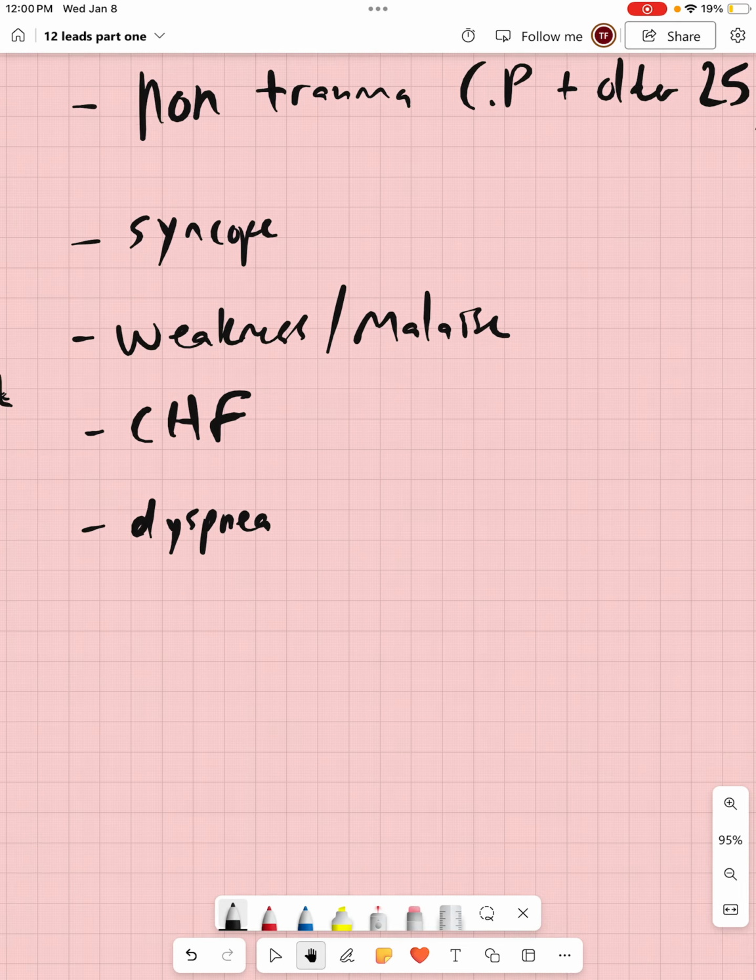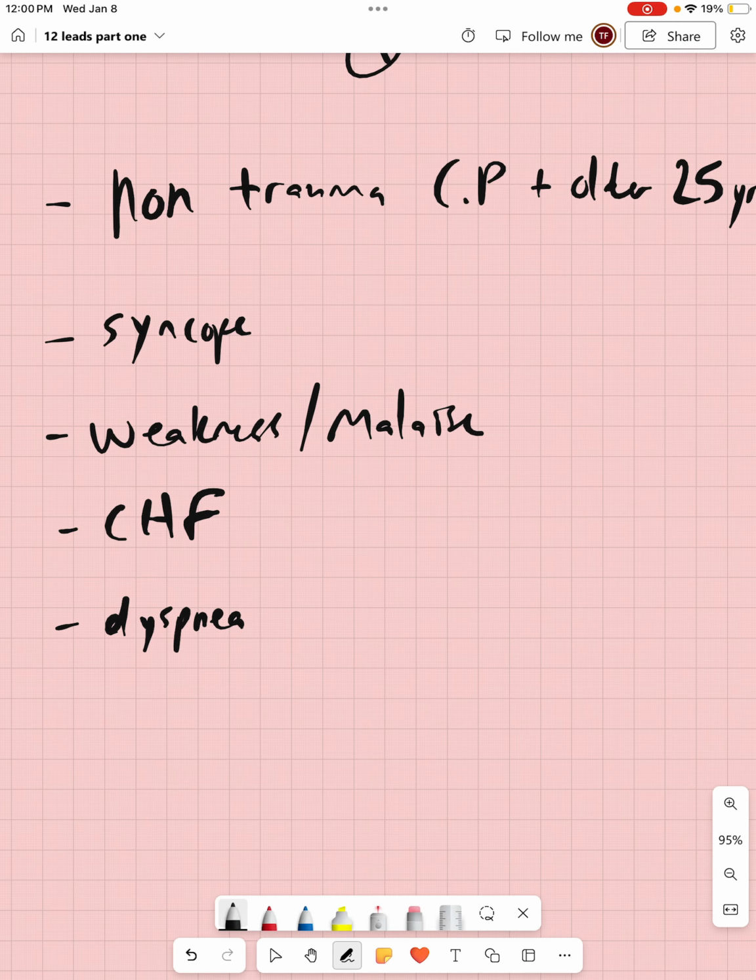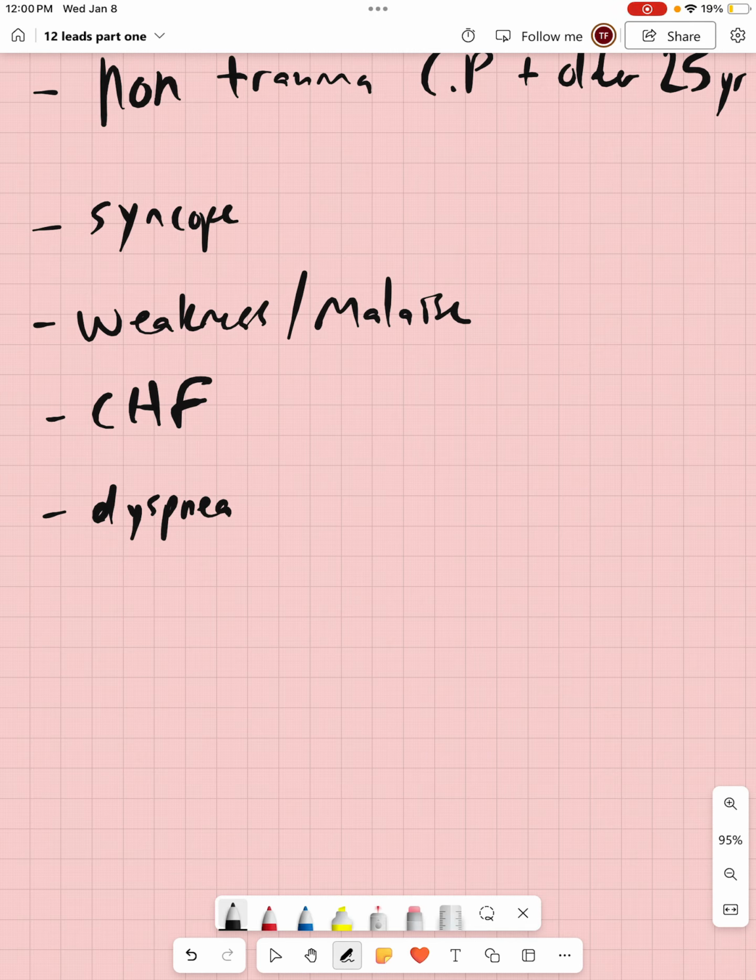Why are they short of breath? Their lungs are clear. What's going on? I also want to throw up diabetic issues as well.